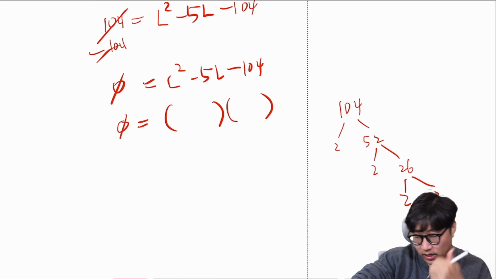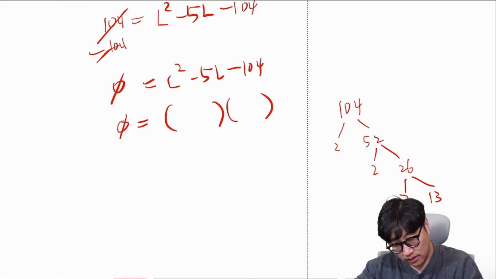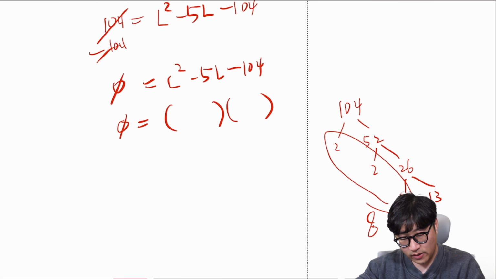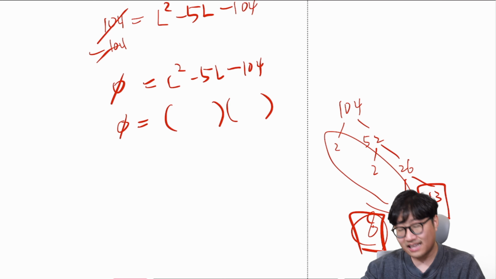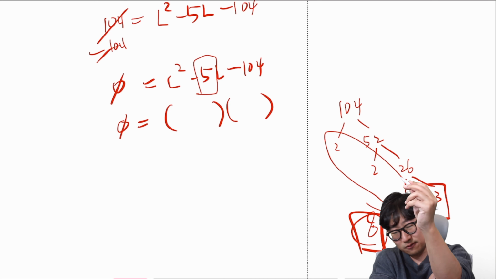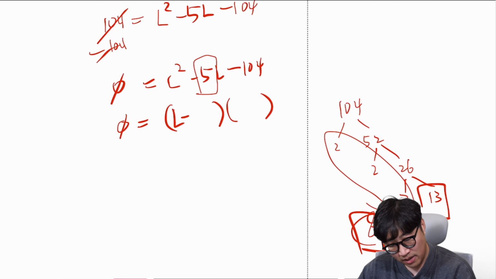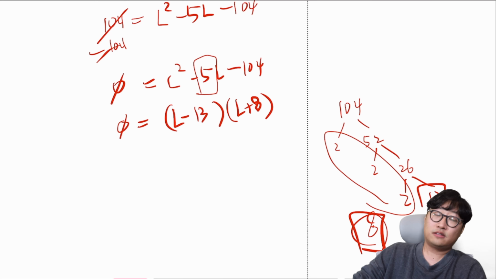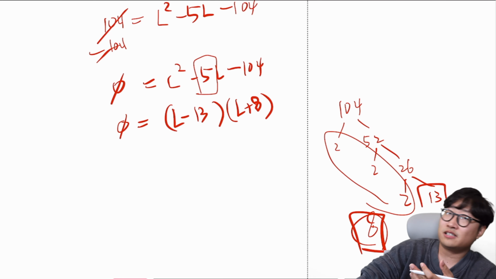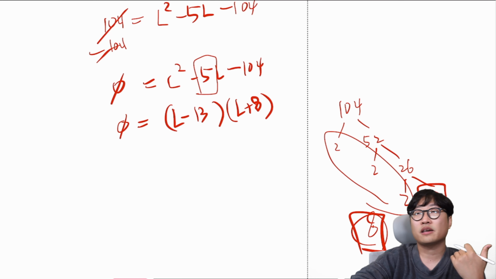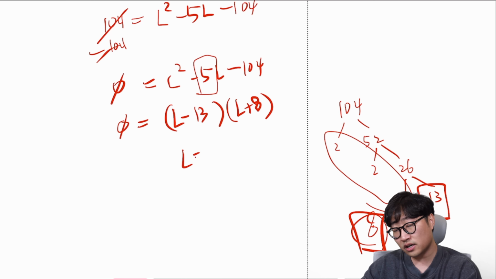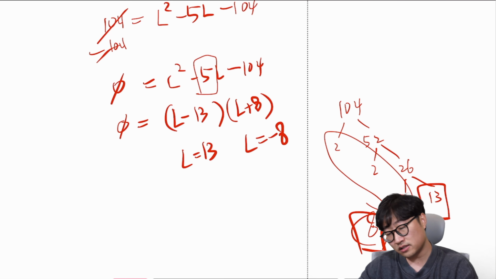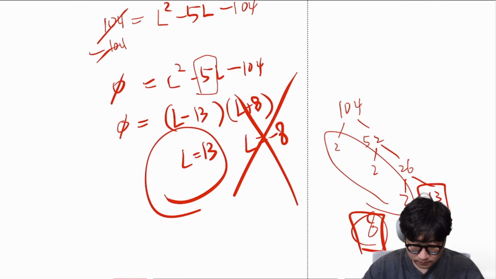But what I notice right now is that right there, which is going to give me 8. So 8 and 13 gives me a difference of that 5 in the middle, so that's probably what it's going to be. So L minus 13 and L plus 8 are going to be the factors. If you can't do that fast, I mean, this is section 4, just punch that into your calculator and find the zeros. The zeros you're going to get are L is equal to 13, L is equal to negative 8. There's no such thing as a negative 8 length, so it's got to be the 13.